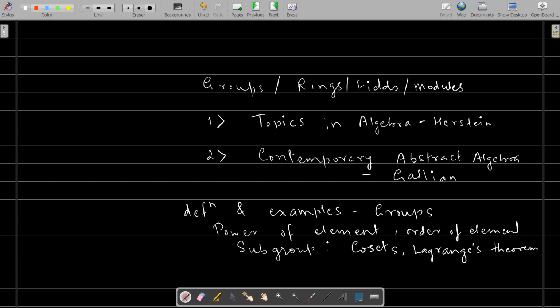In fact, it's through the work of Lagrange and Galois and Niels Abel that the foundations of group theory were laid, and later on it was made more abstract by Cayley and Dyck.